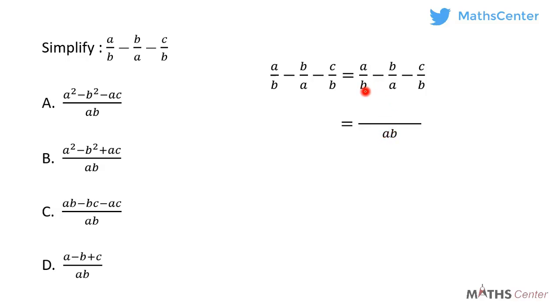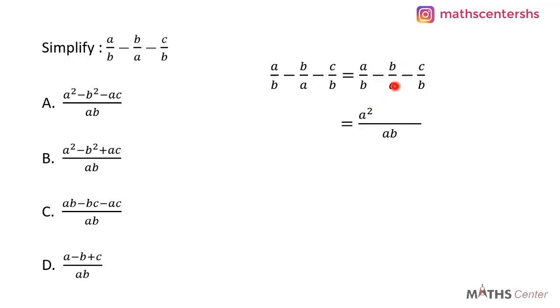After that, we will divide the LCM by each denominator, and then we will use the result to multiply the numerator. So for the first one, we will have AB divided by B, and that will give us A. Then we will use A to multiply the numerator here, which is A. So we are going to have A times A, which will give us A squared.